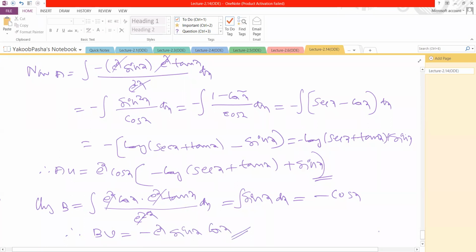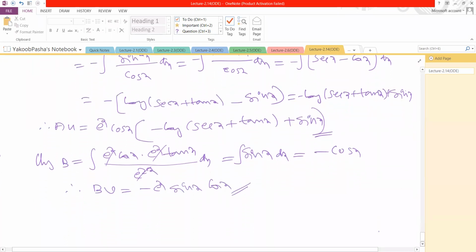This is the BV value. Now we have to find Yp. Yp is equal to AU plus BV. While adding AU and BV, this term and this term are the same, sin x cos x e power x minus sin x cos x e power x. So these two terms are cancelled.